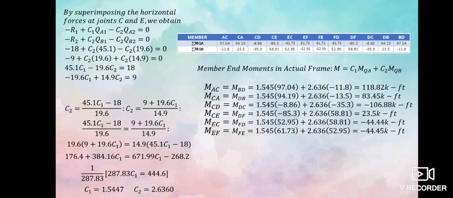Rounding them up, 45.1 C1 minus 19.6 C2 equals 18, and negative 19.6 C1 plus 14.9 C2 equals 9.